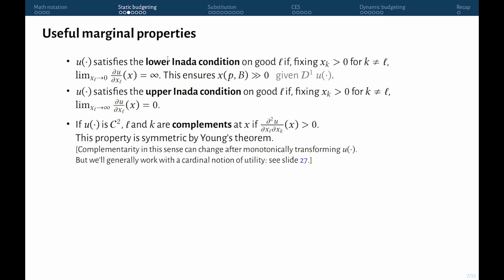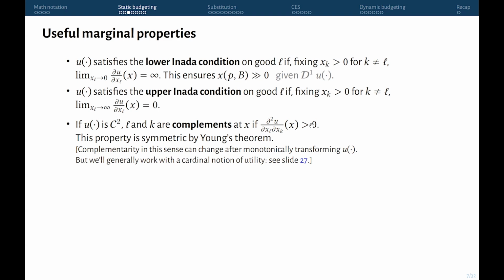So if how much you like having one more pat of butter increases in how much bread you have, we say that bread and butter are complements. And this will be symmetric, so we don't need to talk about the order in which we listed L and K here. We can just say they're complements or they're not complements. That'll be symmetric by Young's theorem.